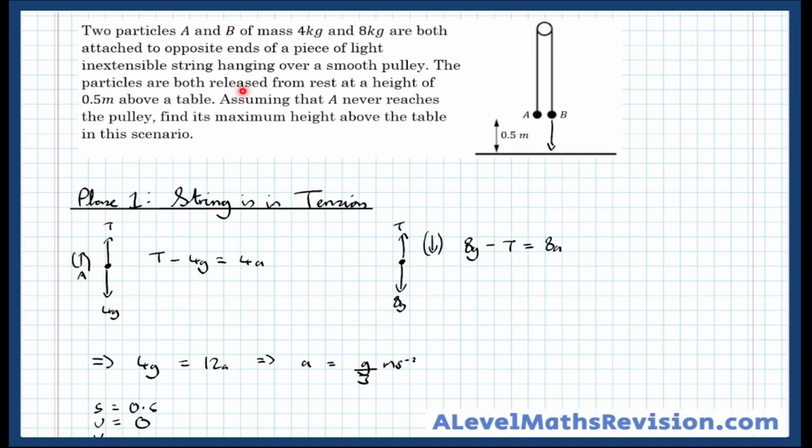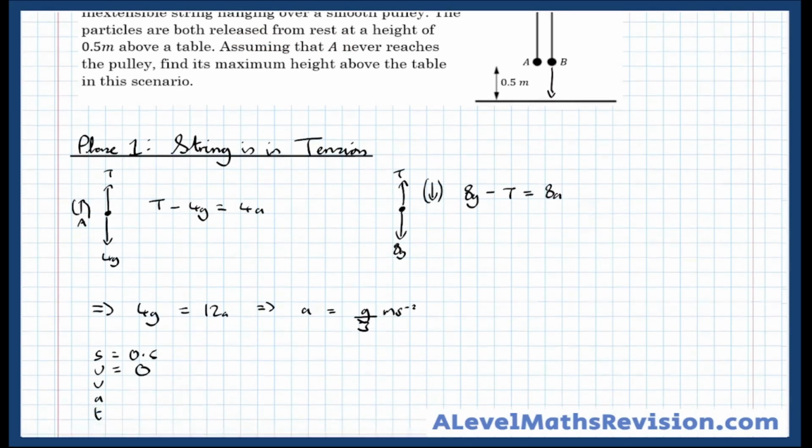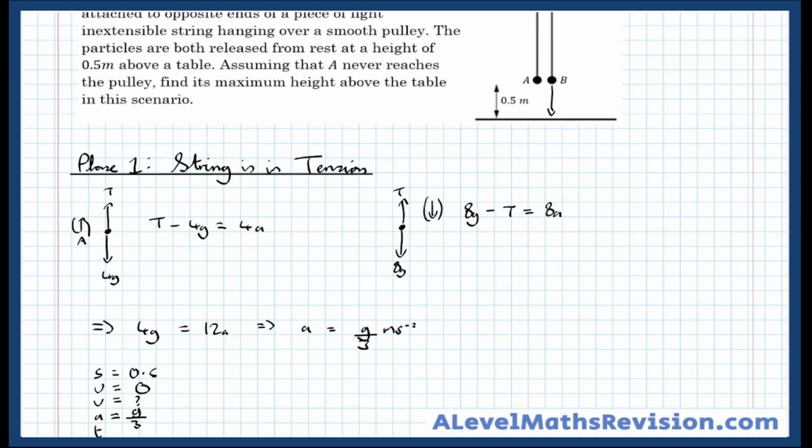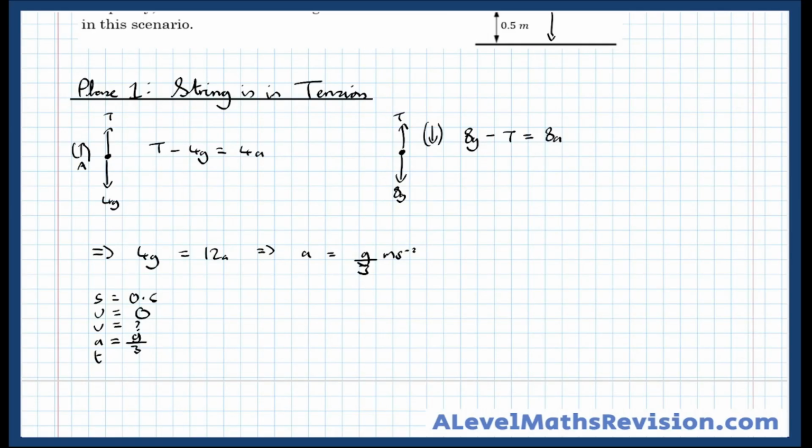It says here they were released from rest, by the way. And we know the acceleration was g over 3, 9.8 over 3. And what we want is the final velocity, because that final velocity of B going downwards is going to be the same as the final velocity of A going upwards.